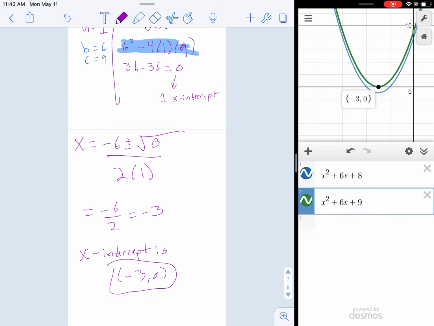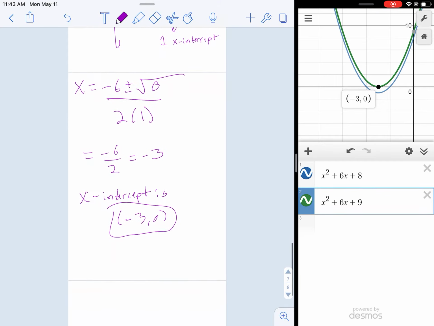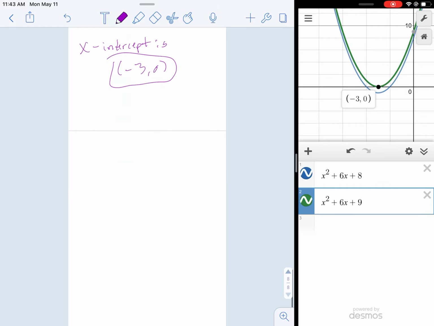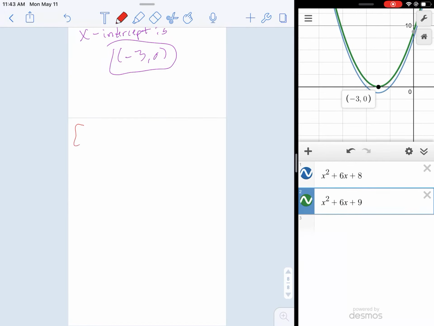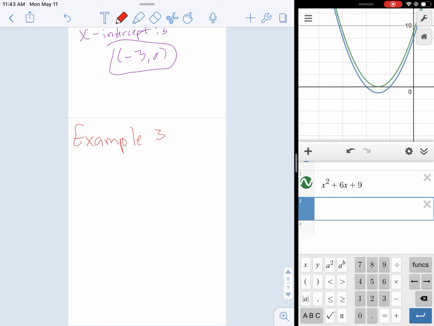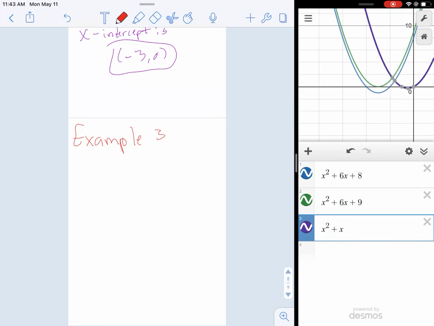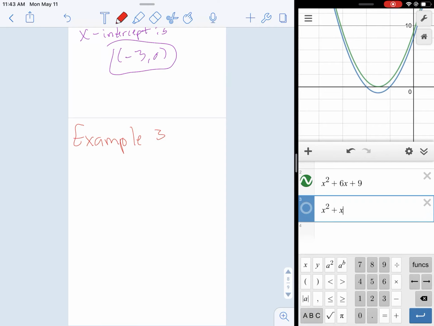Okay, let's do one more problem, an example where our x-intercept doesn't exist, where we have no x-intercepts. So let's do example 3. Let's do x squared plus x plus 5.